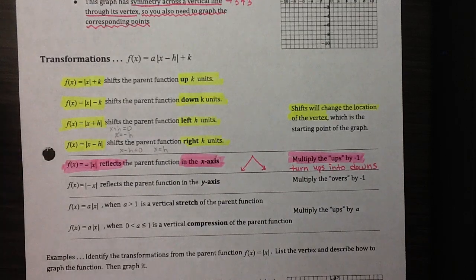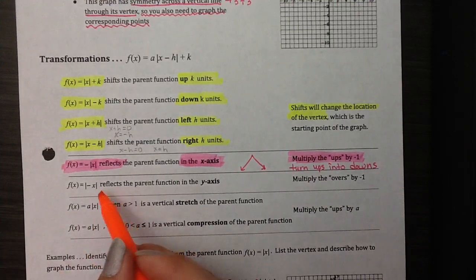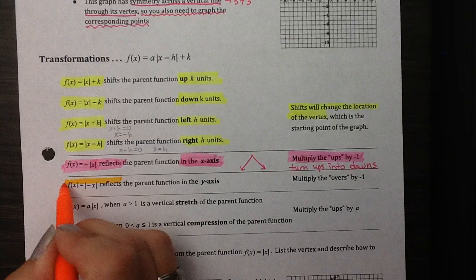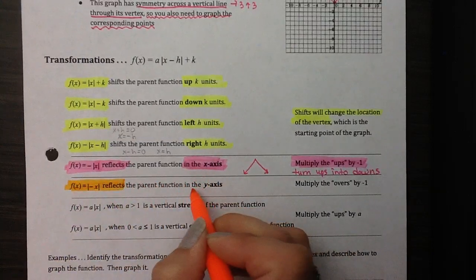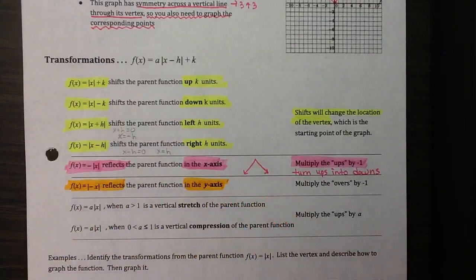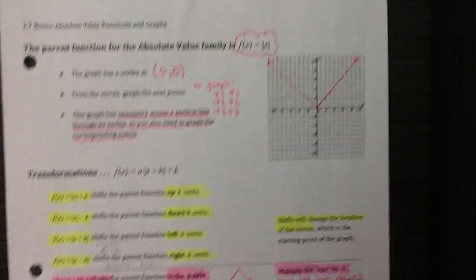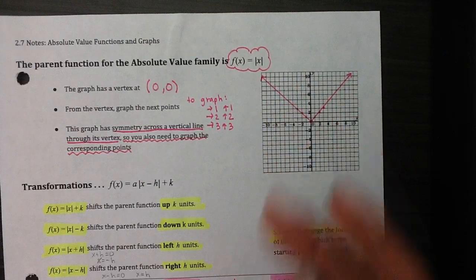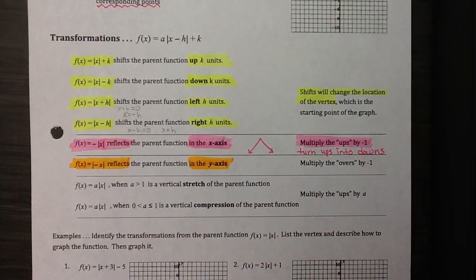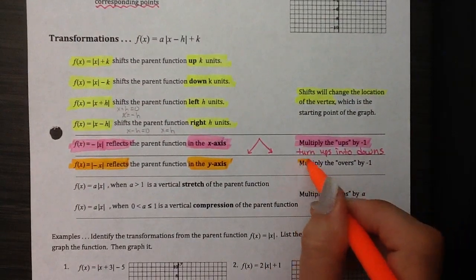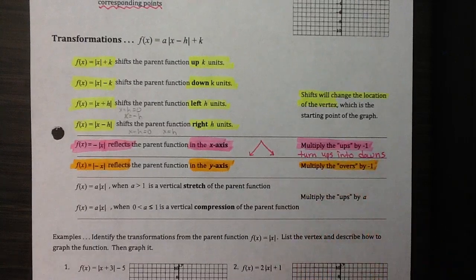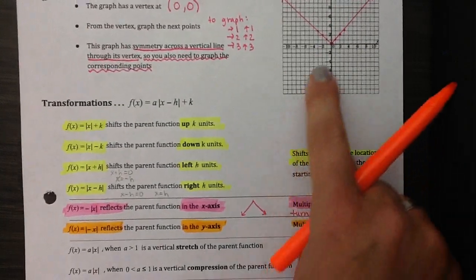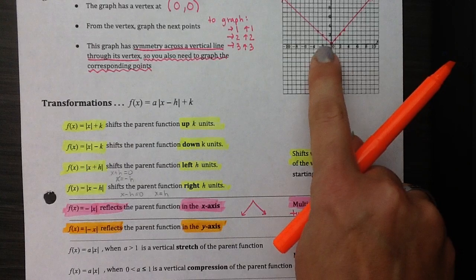If you have a negative sign inside your absolute value, that is going to reflect the parent function in the y-axis. Well, if you take this V shape and flip it over the y-axis, it's not going to change how it looks. What that effectively does is you multiply your overs by negative 1. So instead of going right 1 up 1, I go left 1 up 1.